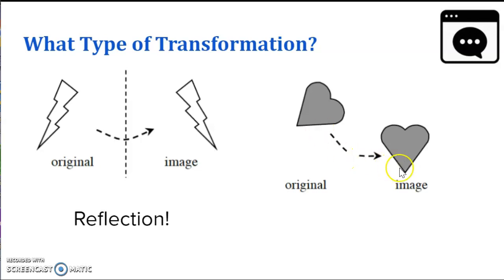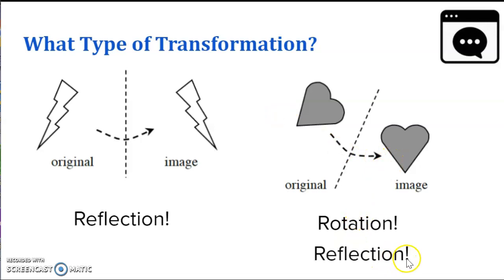There are two different ways you could have mapped the original onto the image here. The first is rotation, as if there was a point of rotation about here, and it is being rotated about this point, going from left to right. Another is if you have a line of reflection right across here, then it would also map onto it like so. And so this is a reflection as well.